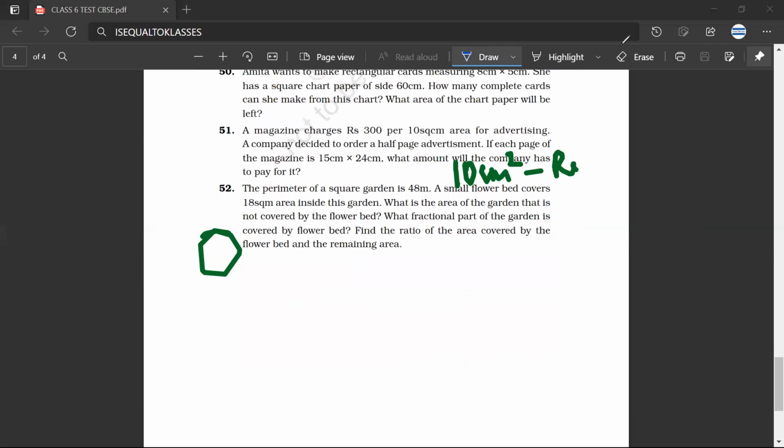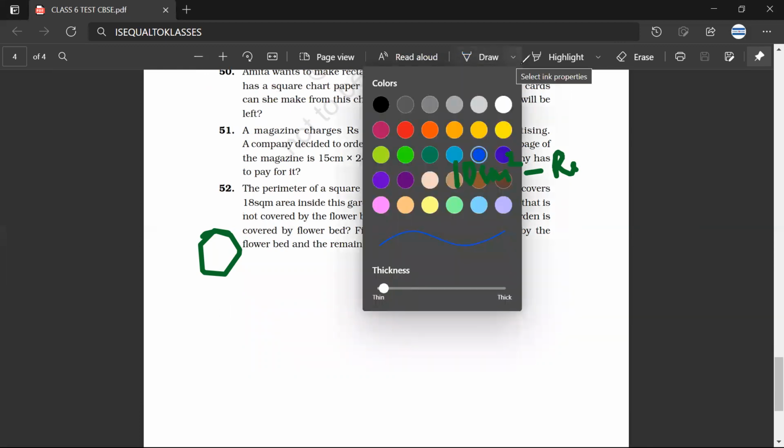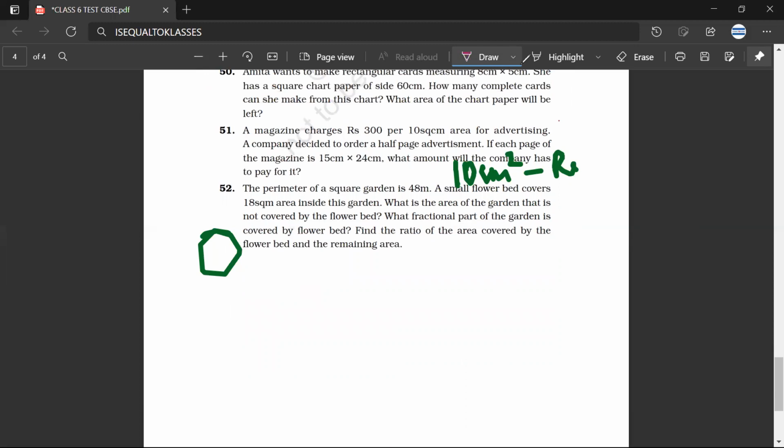So half a page will be 180 centimeter square. Then cost per half page will be 180 into rupees 30, which is equal to 5400 rupees. So the magazine charges rupees 300 per 10 centimeter square.